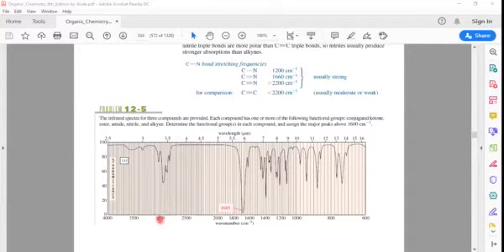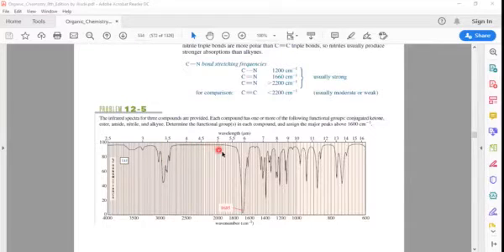Now come here, and at 3000 you see these are the aliphatic carbon-hydrogen stretching, but this can also be a CH stretch of an sp2 hybridized carbon, an sp2 carbon-hydrogen bond stretching, maybe.